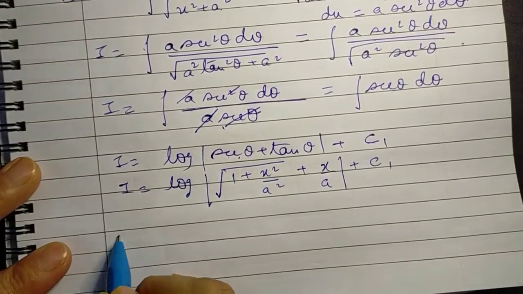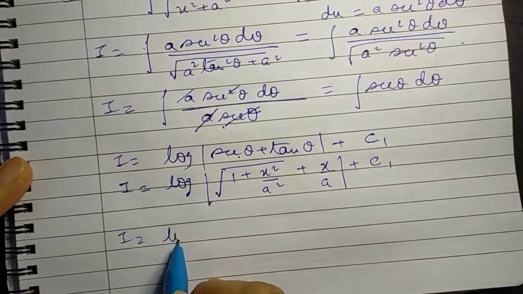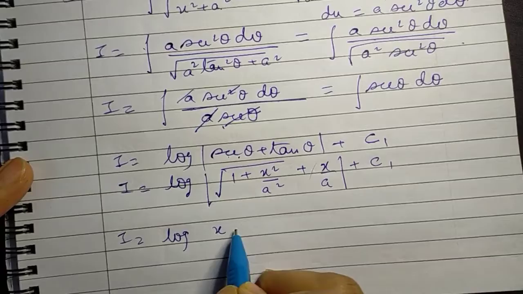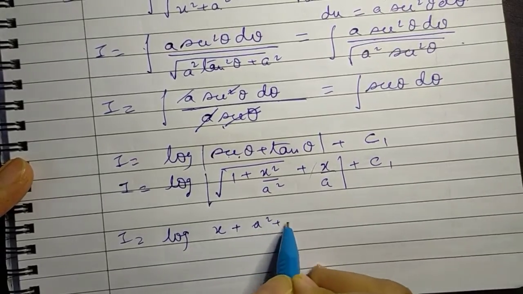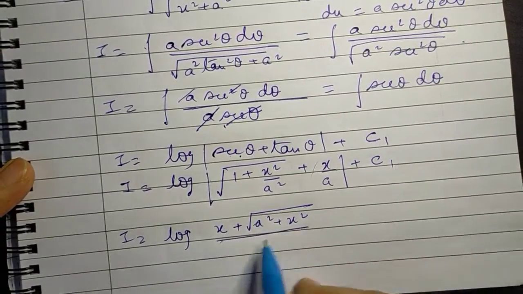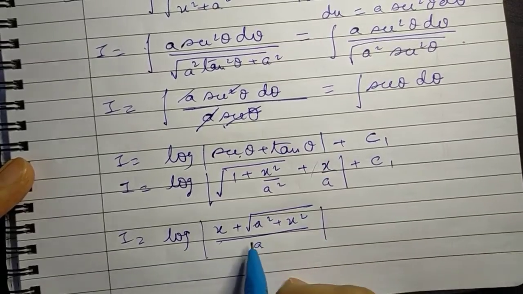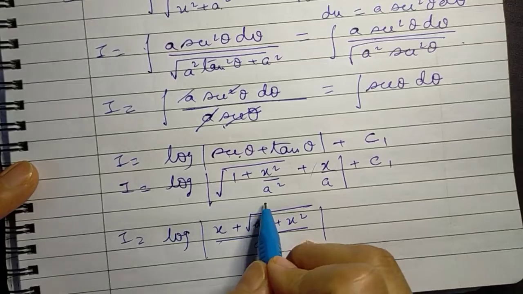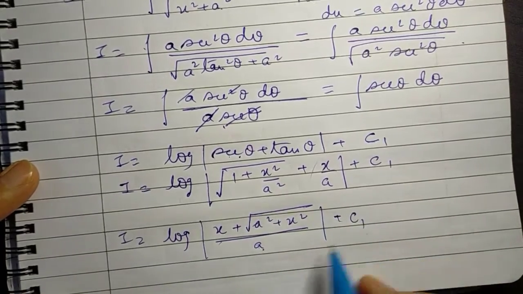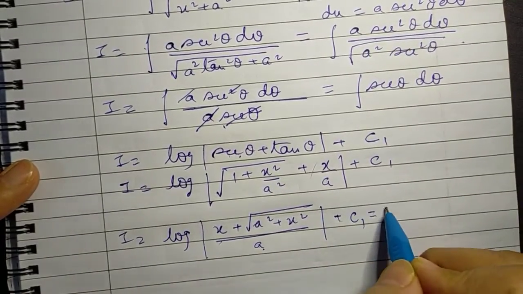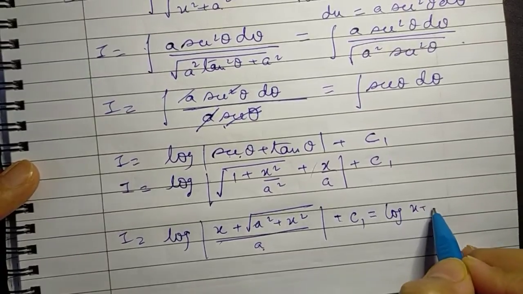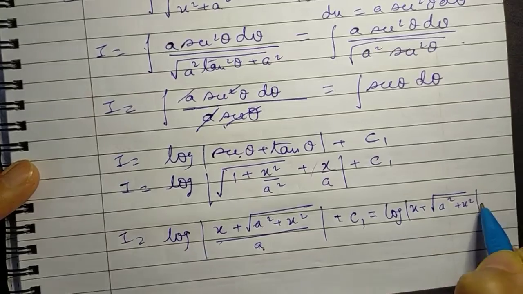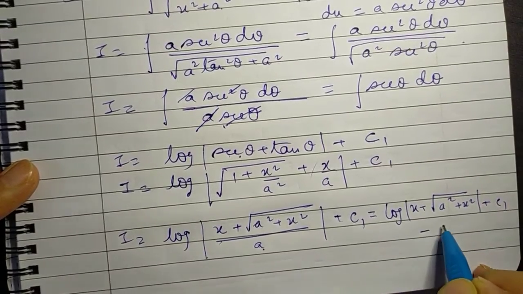When we simplify it further, we get log of x plus under root of a squared plus x squared, with a common denominator a, plus c1. Again writing it as log of x plus under root of a squared plus x squared plus c1 minus log of a.